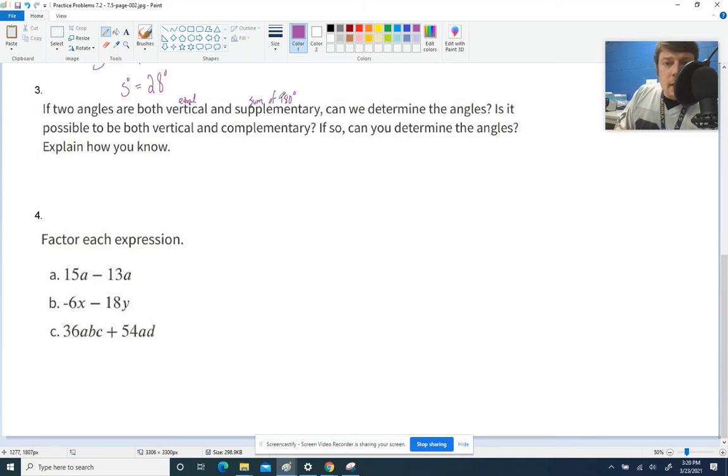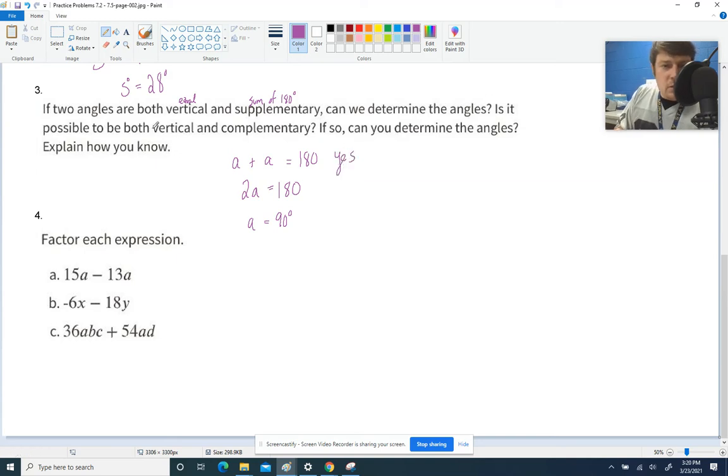Well, I've got to have a number, A, and it has to equal itself, so there have to be two of them added together to have a sum of 180. We can determine the angles, yes, because this is pretty easy to solve. 2A's equaling 180 means that each of them is 90 degrees. So, yes, on the first one, and there's our proof.